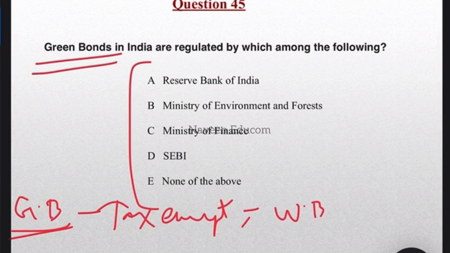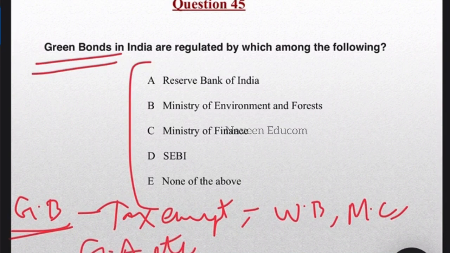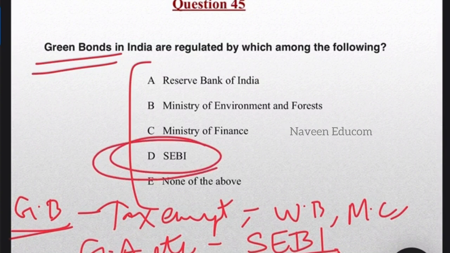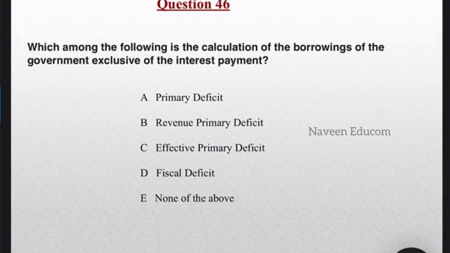Brownfield sites are such that they are underutilized and can be developed further. Such bonds are issued by the World Bank, various municipalities, government agencies, etc. These bonds are regulated by the SEBI, Securities and Exchange Board of India. Hope you have come to know what is green bond. So what's the answer? It's regulated by SEBI, option D.